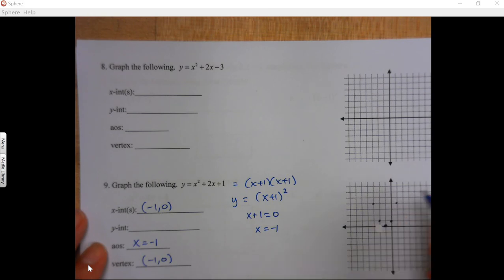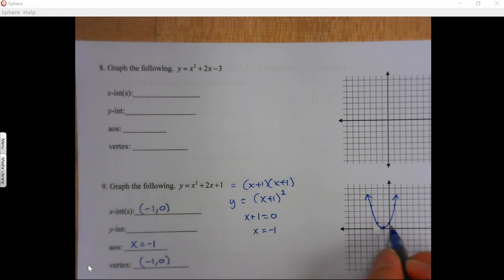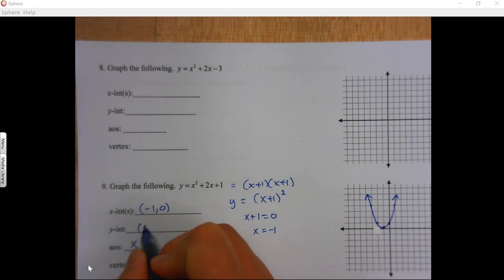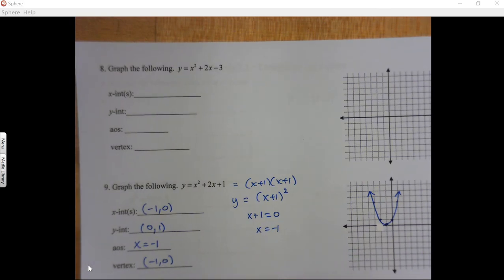Go out in both directions. Extend with arrows, and my y-intercept was that additional point that we got right there. That is at 0, 1. So you're finding the x-intercepts on 8, 10, and 11 as well, and following the same steps.